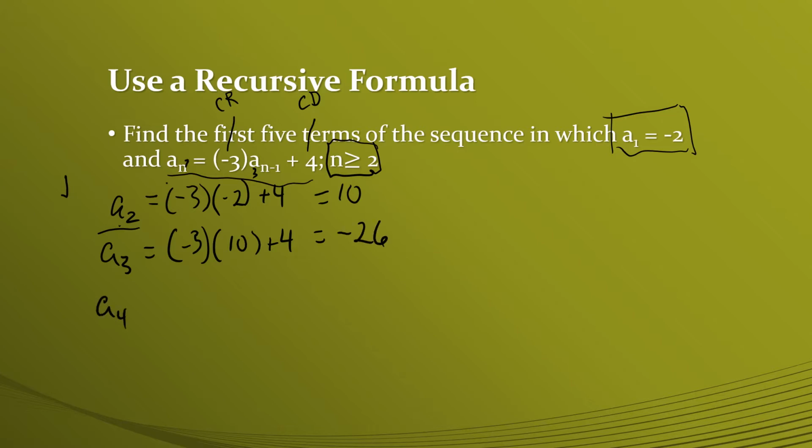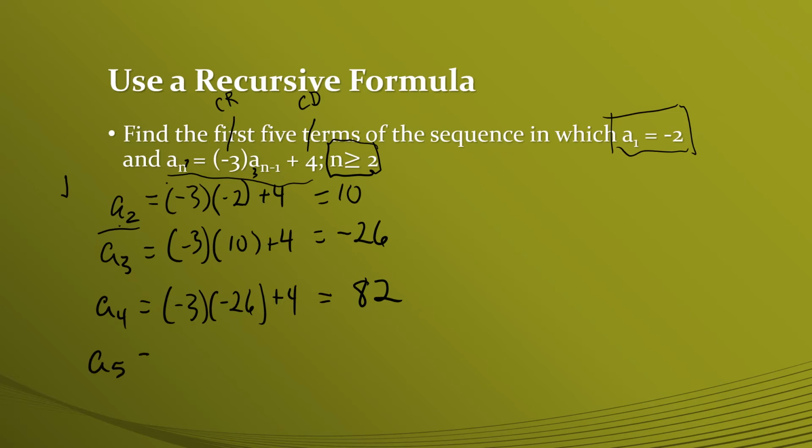Then I'm just going to keep doing this until I get through the 5th term. So the 4th term of the sequence is going to be -3 times -26 plus 4. -3 times -26 is 78, plus 4. The 4th term is going to be 82. You can check my math on that, but I would appreciate it if you did.